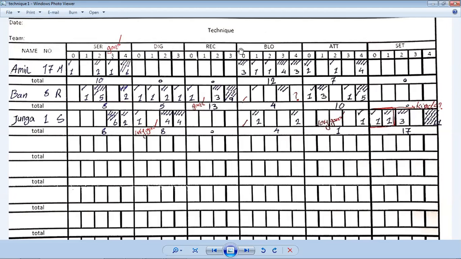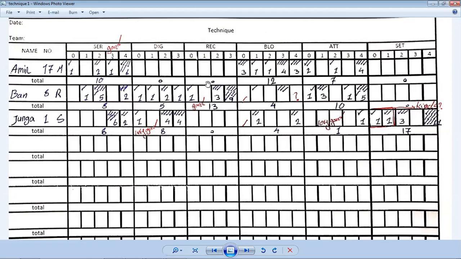And we have other techniques here: dig, reception, block, attack, and set. We can analyze the technique of the players with this form. This form is very good for coaches who work with beginners.